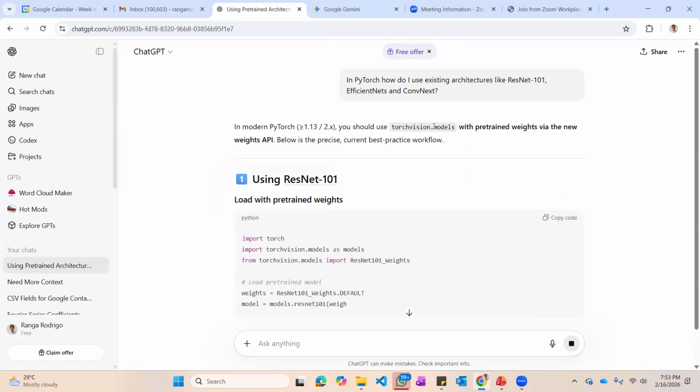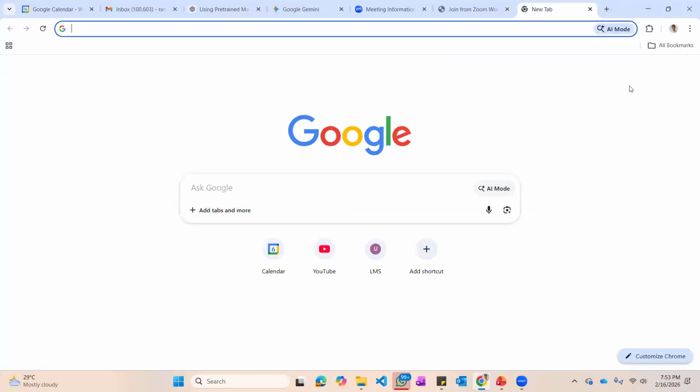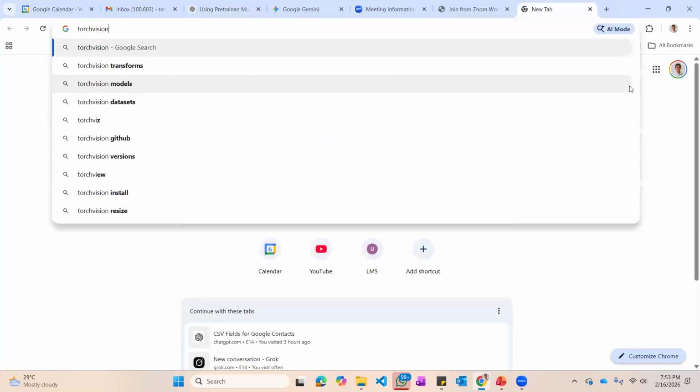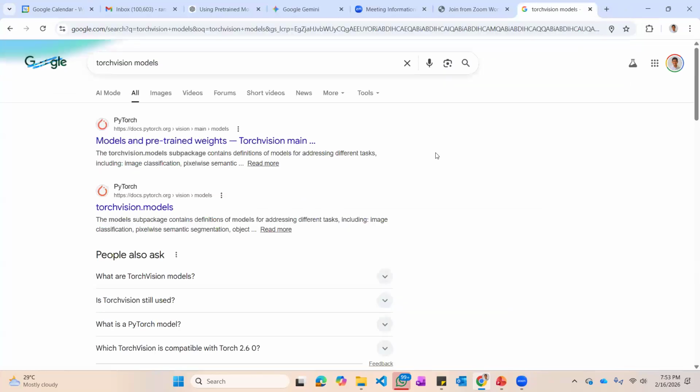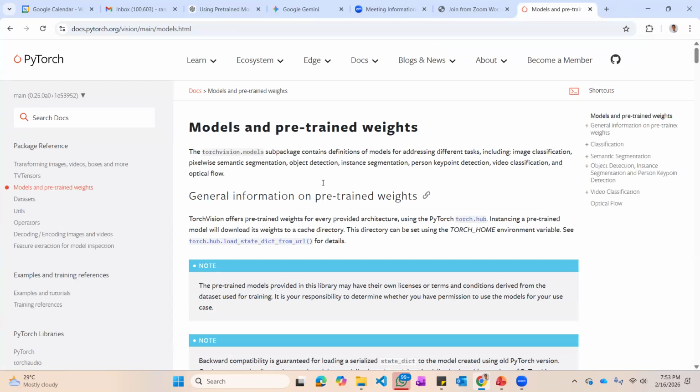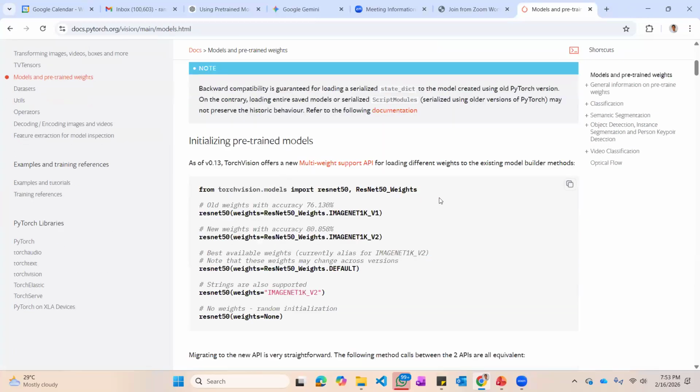So if you go to Torchvision models, you will be able to have these so-called pre-trained models. So let's go to this. So you can see it's very easy to use these models.